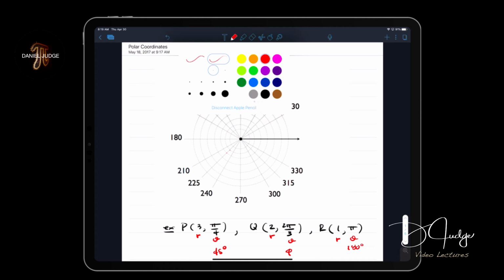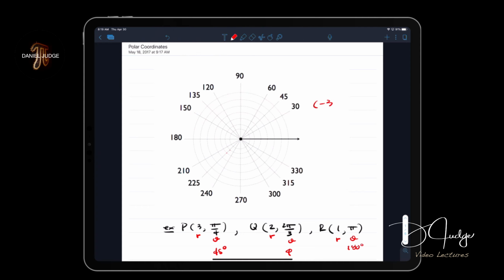Remember, we're going to plot that. How do we start to look at that? Well, plot it this way. Do the positive angle first. Let me change the colors.